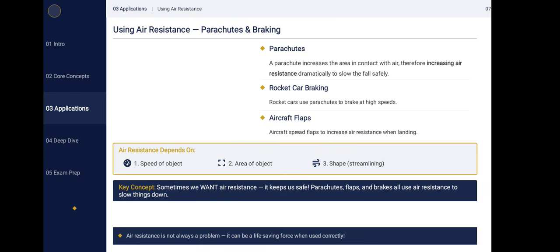It makes a hindrance to the falling speed, and the skydiver quickly slows down until they reach a much lower speed safely, with a terminal velocity, a safe velocity.